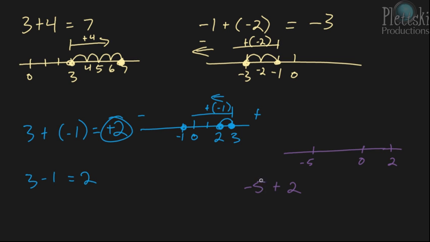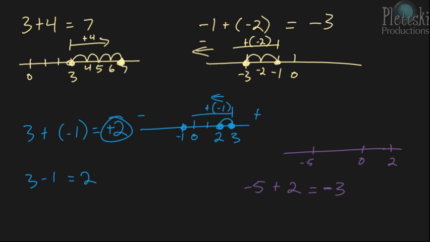So when we take our difference of the absolute values, so we take 5 minus 2, the answer is going to have the sign of the one with the largest absolute value. So in this case, -5 is farther away from 0, so our answer is going to be negative. So 5 minus 2 is going to be 3, and then our answer is negative because -5 is farther away from 0 than 2.